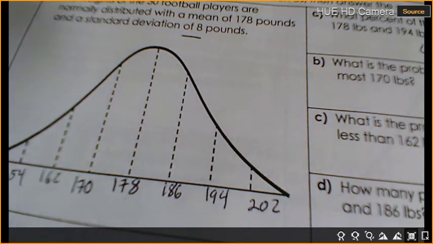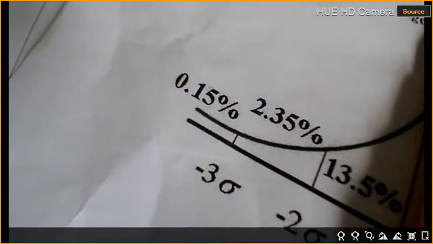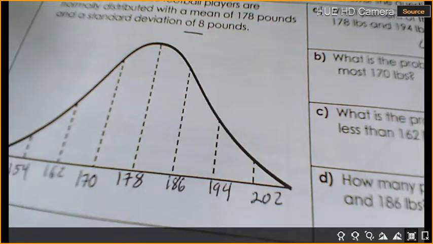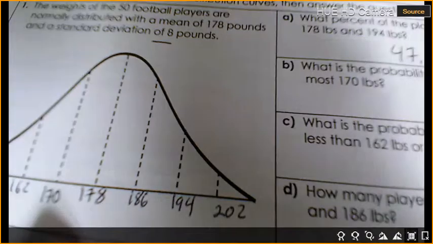What do we get? 13.5 plus 2.35 plus 0.15. One second, Cameron. So we're literally adding these three things right here at the end. What do we get? We get 16. Cameron, do you have a question?